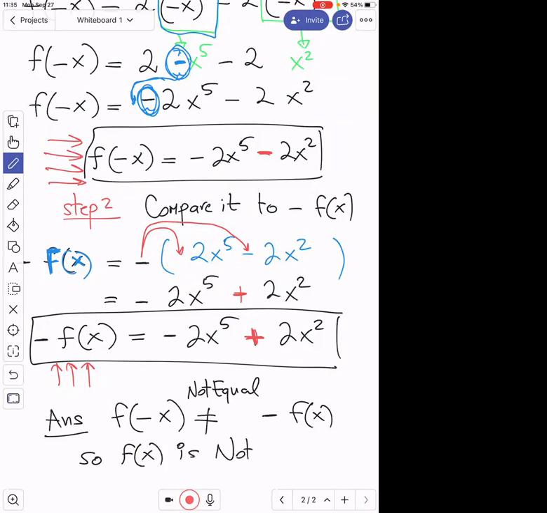And of course, it's neither, because if you want to check whether f is even, it won't be even either, because of the powers. So it's neither. All right, so that's for number 1.